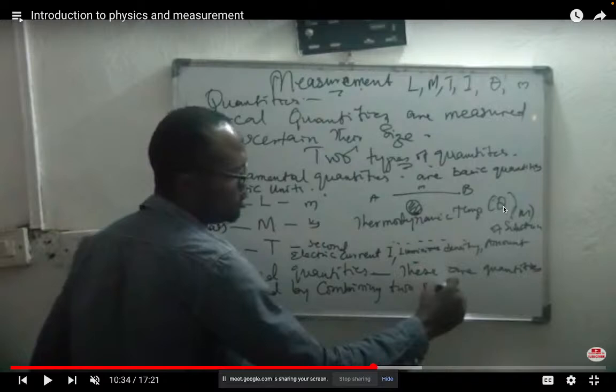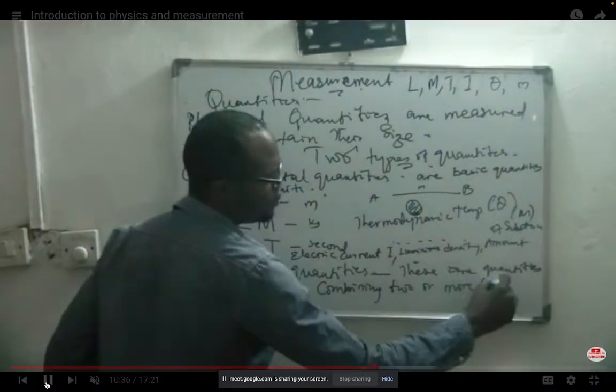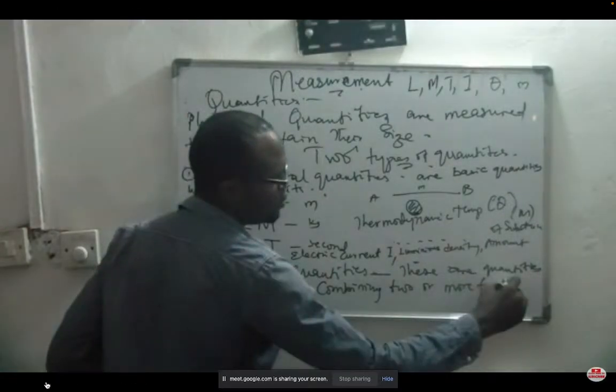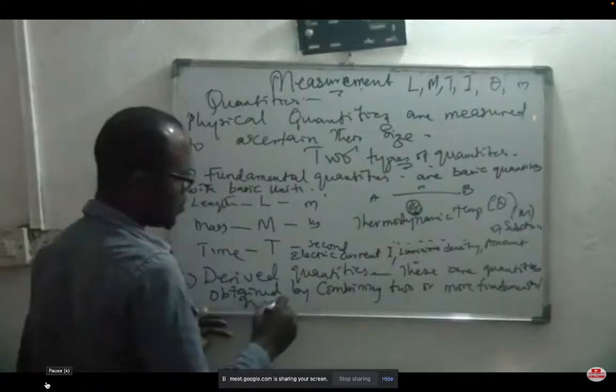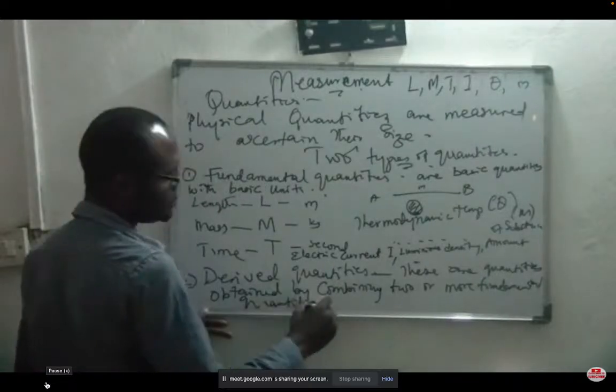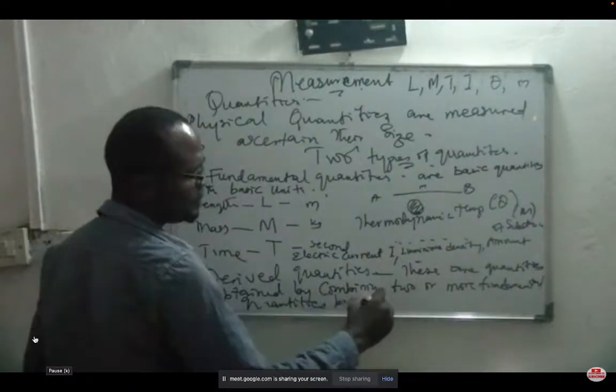So we also have electric current, luminous density, and amount in moles. So those are the fundamental quantities. Whereas derived quantities include velocity, acceleration, force, weight. All those are derived quantities.